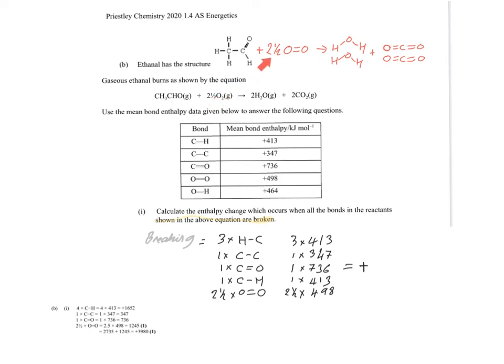So what you can see I've done here is to write out that you have got 2.5 moles of O double bond O. There is not a red herring in the question here with O single bond O. With O double bond O. And when that reacts to form 2 moles of water, draw out your 2 molecules of water, displaying all 4 oxygen hydrogen bonds, and 2 moles of carbon dioxide, showing all 4 C double bond O's.